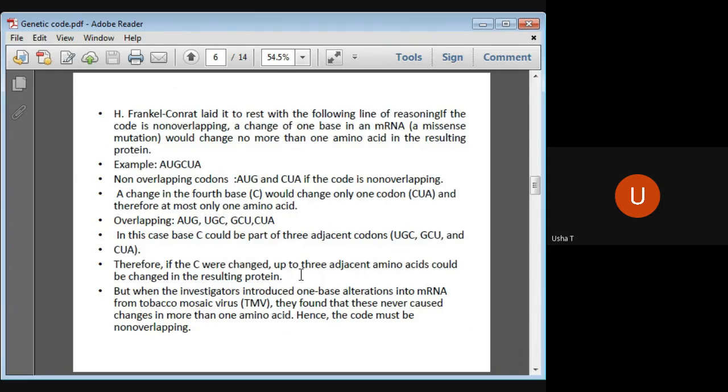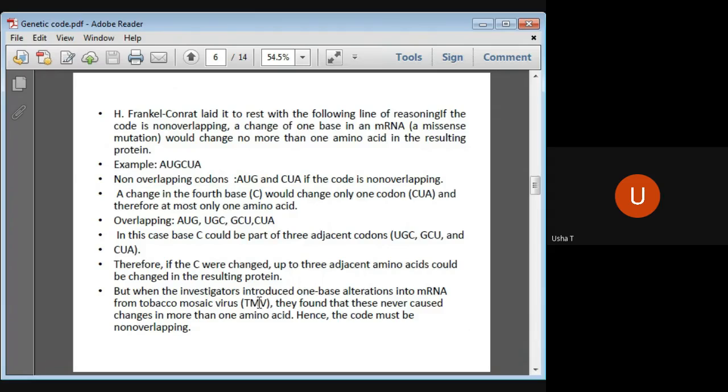So with one change in a six-base reading frame of an mRNA, there could be three different amino acids changed. But if it is non-overlapping, where six bases give only two codons and two amino acids, then if there is a change, only one amino acid will be changed. Okay, this was the proposal.